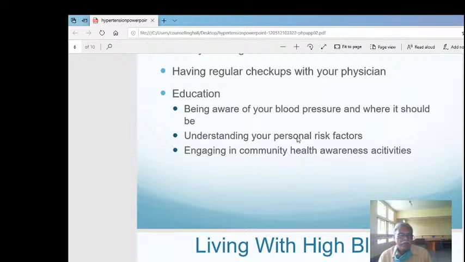Education, being aware of your blood pressure, where it should be, understanding your personal risk factors, so like smoking, drinking alcohol, and obesity. So these are all the things that should be kept in mind.